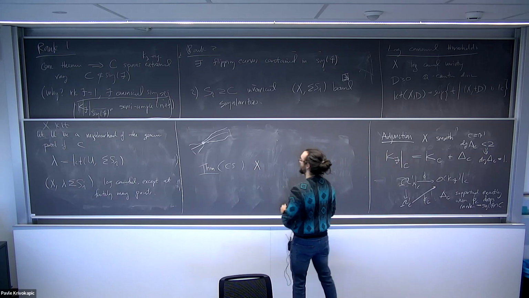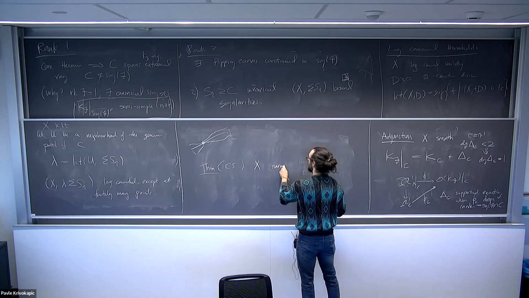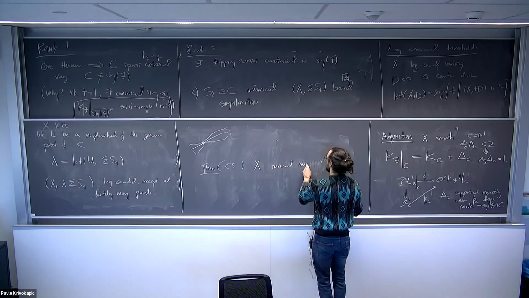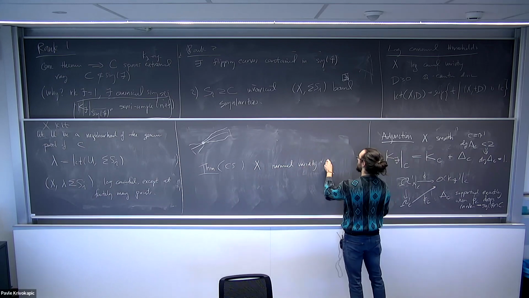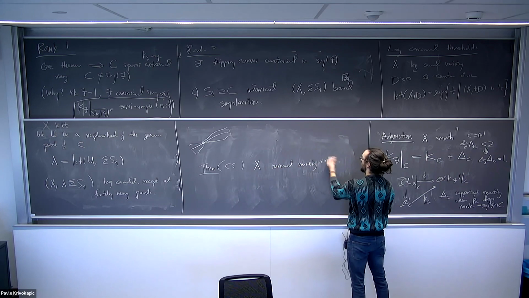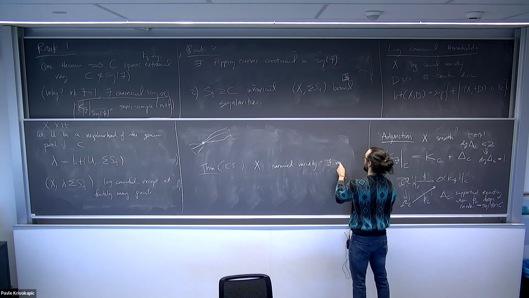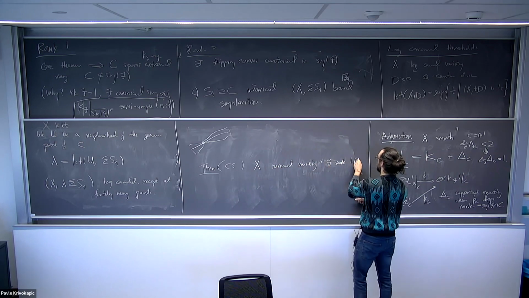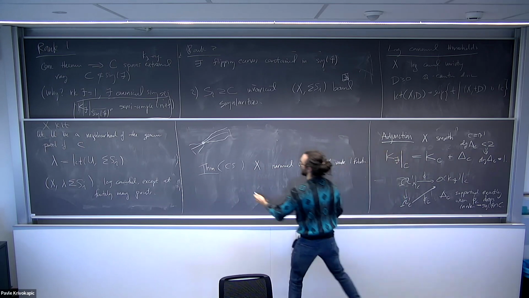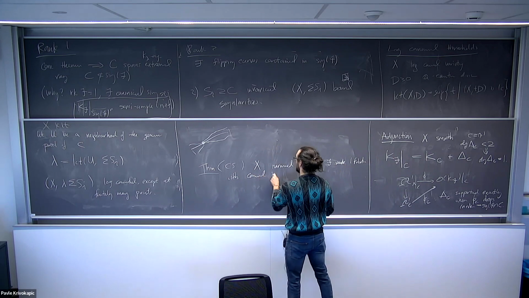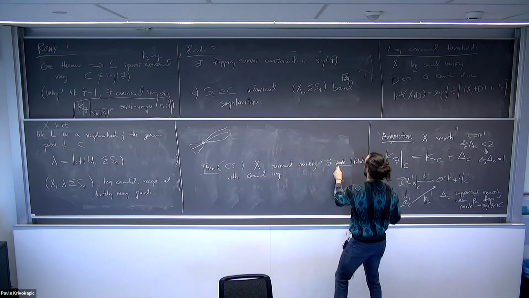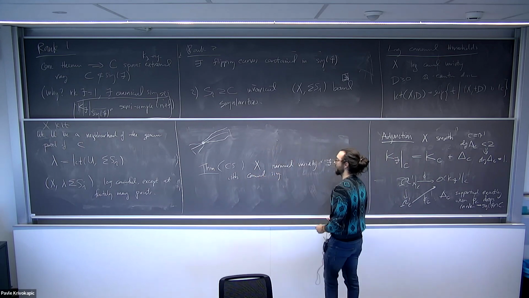So let X be a normal variety, and let F be a rank 1 foliation with canonical singularities. I want to emphasize that this is the rank 1 case here.